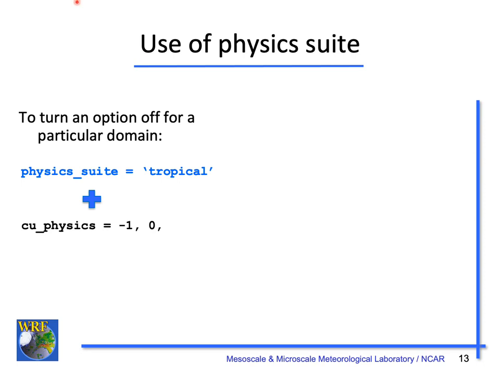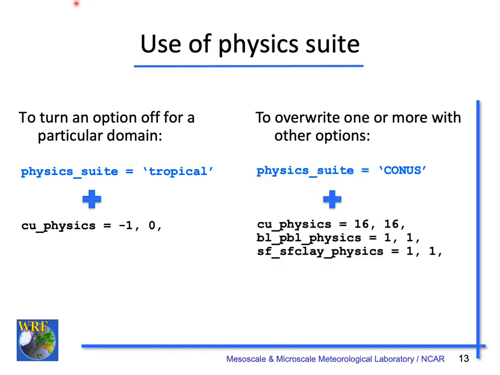We can then set the value to -1 for any domains that use the suite choice, and set the value to 0 to turn the option off, like the one shown on the left-hand side of the slide. If we want to replace one or more of the options in the suite, simply add those options and set the correct value.